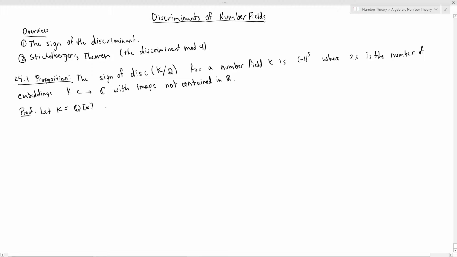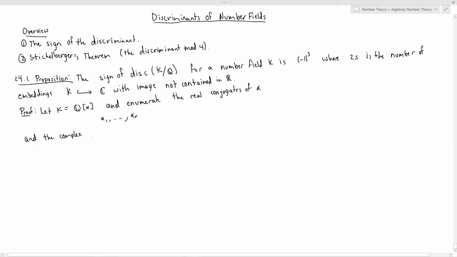And we're going to enumerate the real conjugates of alpha and the complex conjugate pairs of alpha. So enumerate real conjugates of alpha, let's say alpha_1 through alpha_r, and the complex conjugates.